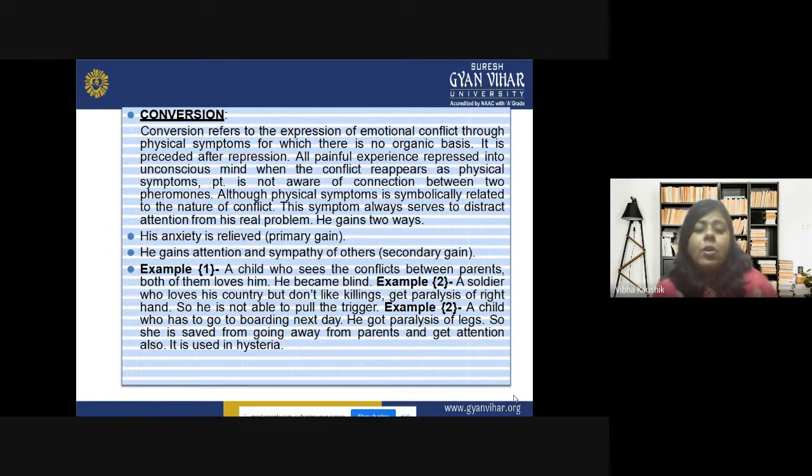A child who has to go to boarding school the next day gets paralysis of the legs before he has to go.